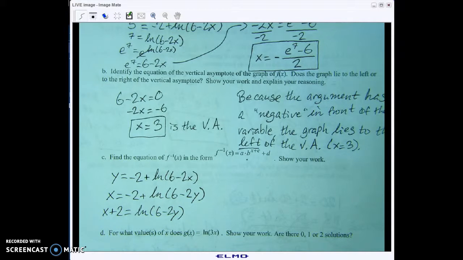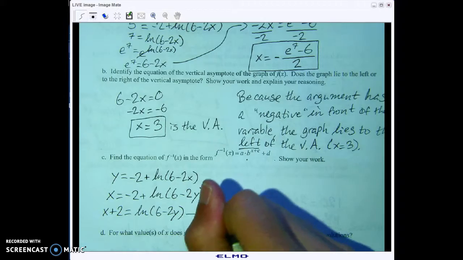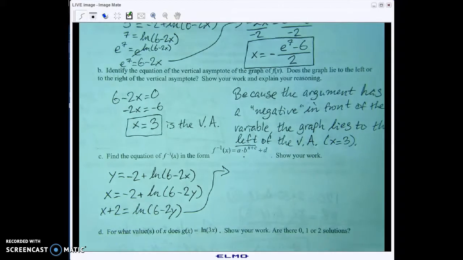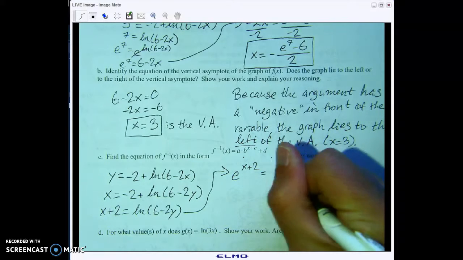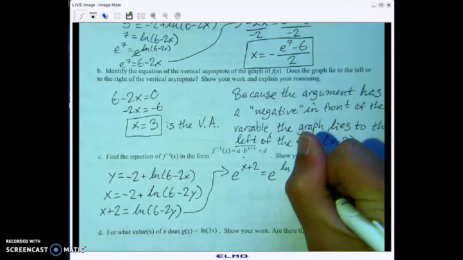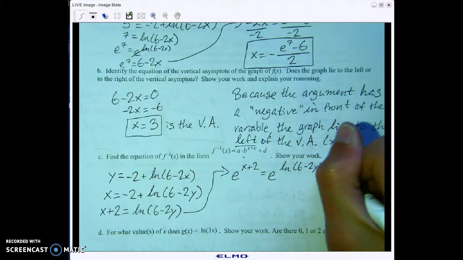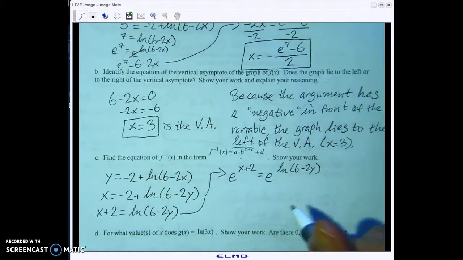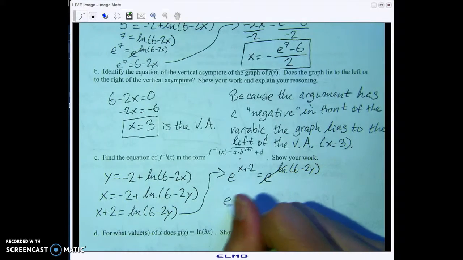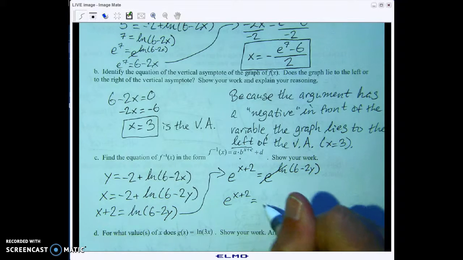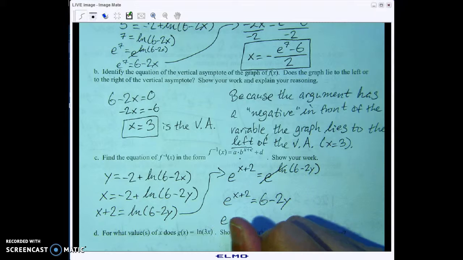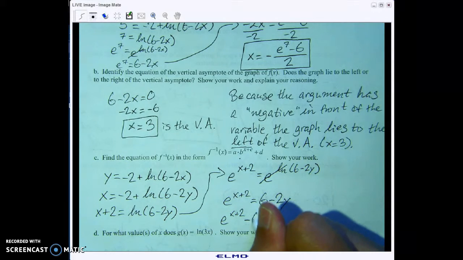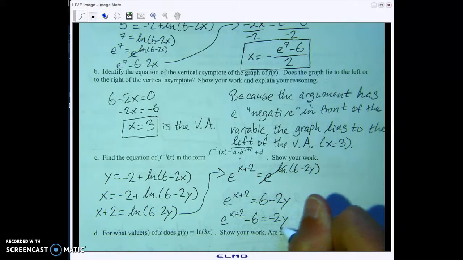If I take e to the power of both sides, then I'll have e to the x plus 2 is equal to e to the natural log of 6 minus 2y. So then e to the x plus 2 is equal to 6 minus 2y. e to the x plus 2 minus 6 equals negative 2y.